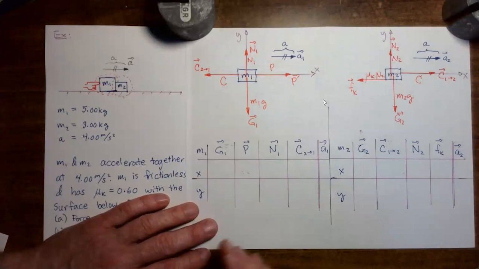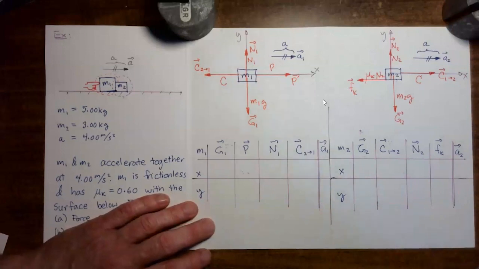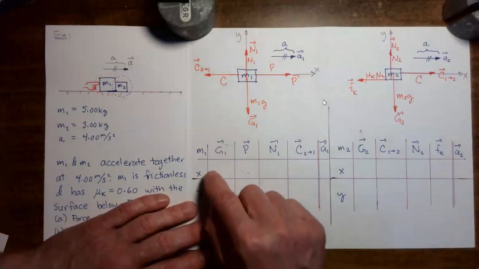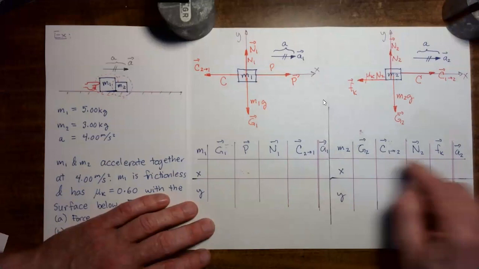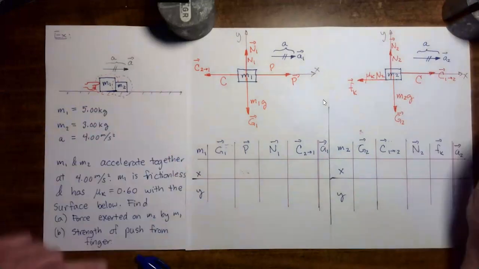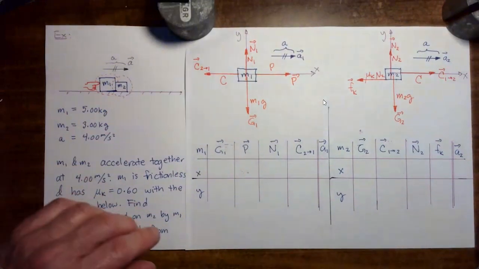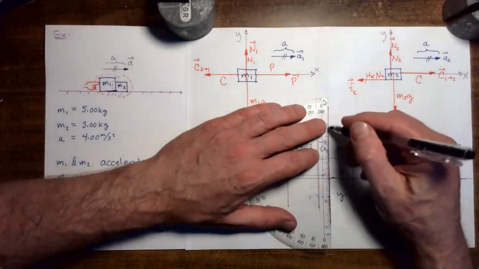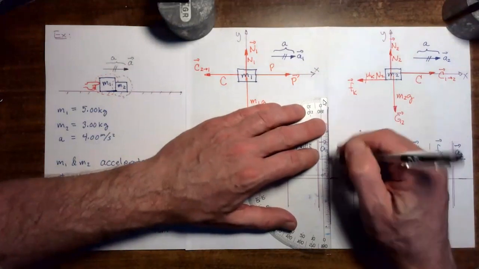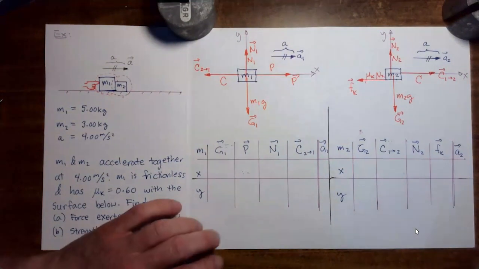So before I dive into filling the grids, just take a quick check at the template that I've laid out here and make sure that in your grids, you have all of the forces laid out and also the acceleration vectors as well. And also, because we're doing 2 separate masses, there should be 2 separate grids. So I should emphasize these are 2 different grids, maybe squashed together a little bit more than they should be. So I'm going to dive in now.